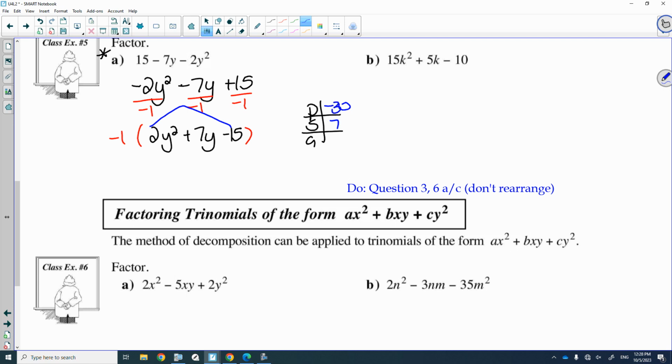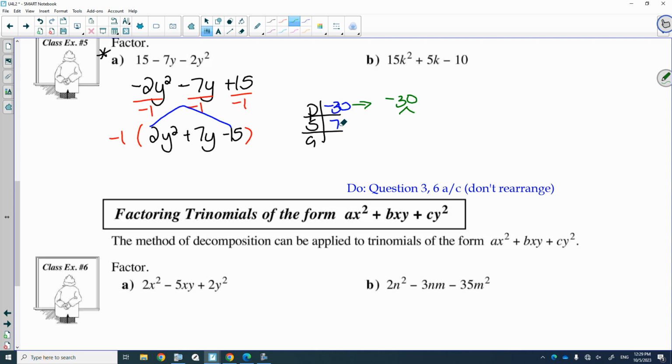Who has what the answer is for those two numbers? What are the two numbers that multiply to negative 30 and sum to 7? Drew, do you have it? Who's got it? Maybe we have to figure it out. Okay, I'm not even going to write 1 and 30 down because I know that's going to get nowhere near 7.